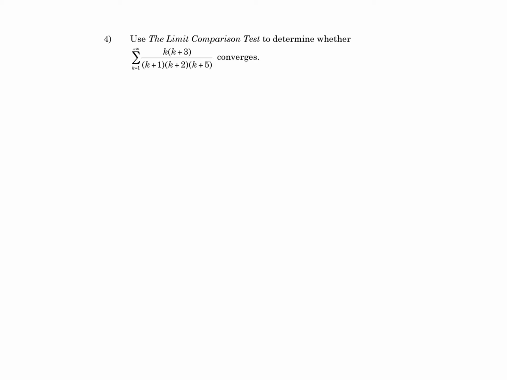And this one tells us to use the limit comparison test to determine whether or not that series converges. The limit comparison test is by far the easiest, most straightforward, and happens to be my test of choice when I see something that looks like a rational polynomial. In fact, I'm not sure if it's the only one that would work, but it's definitely the one of choice. Remember that the shortcut is to use a known p-series.